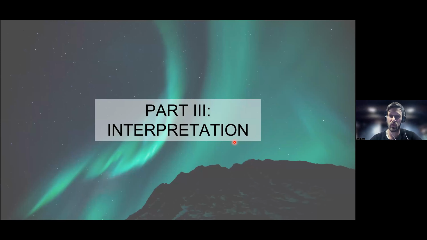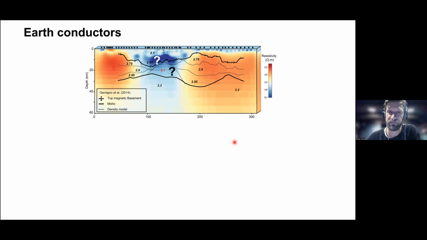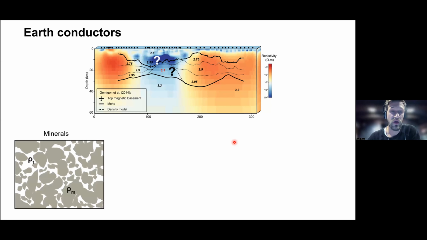Which leads me to the interpretation part and talking a bit more about geology and rifting processes. What on earth is this highly conductive sedimentary section? And also this conductivity beneath, in the upper mantle and the crust. Could it be minerals?